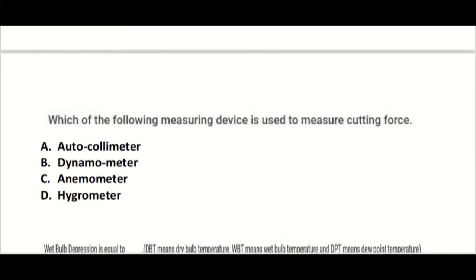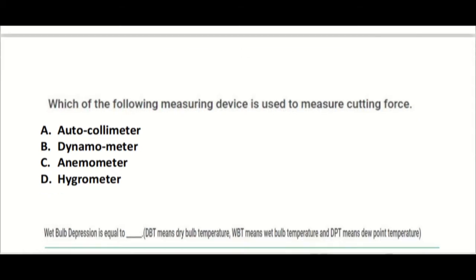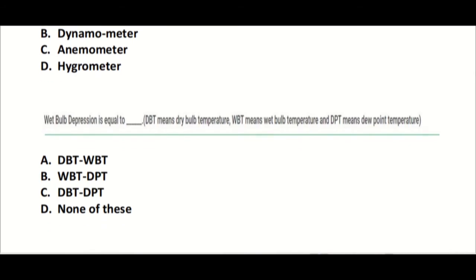Anemometer is used to find the velocity of air, and hygrometer is used to find the humidity of moist air. And hydrometer is used for finding the specific gravity of a liquid.